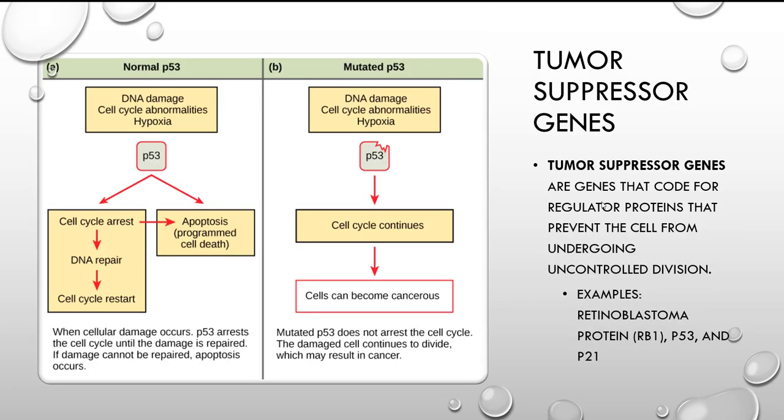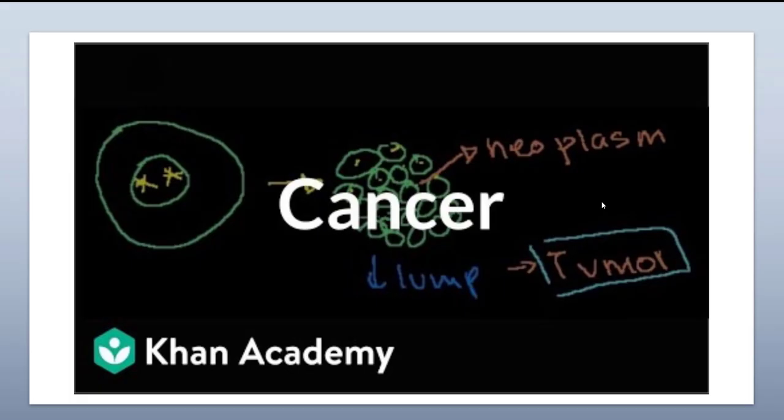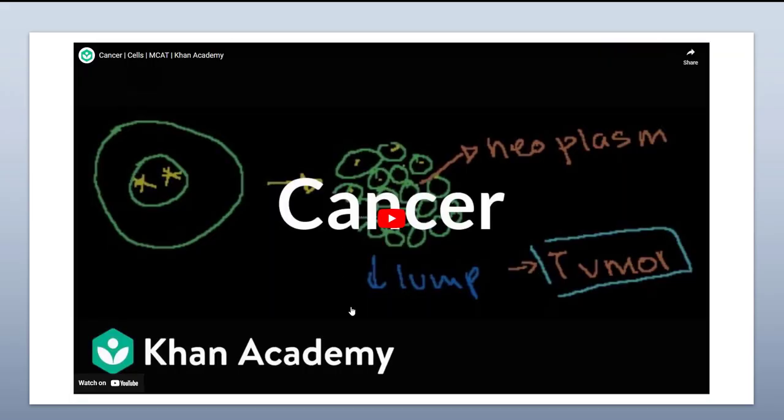Okay. So we're going to finish off with a video from Khan Academy. Khan Academy is another one of those places that you can go if you're not understanding one of our biological concepts. You can always look up that concept with Khan Academy, and they do a great job.